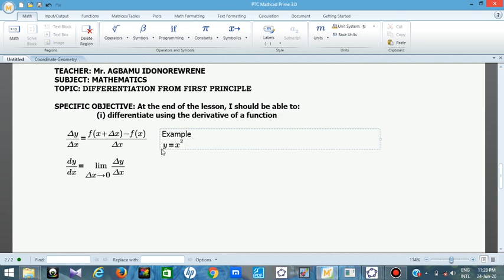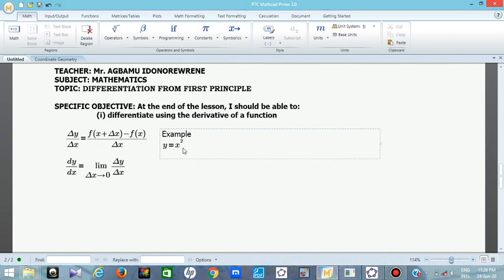Since the change in y is going to be delta y, we are going to replace y with y plus delta y. The same thing we did here: x plus delta x will replace x, then y plus delta y will replace y, so that we end up in this format. That is our target.